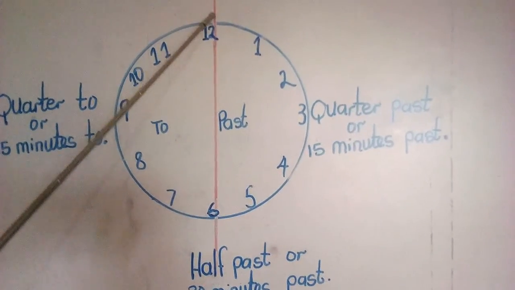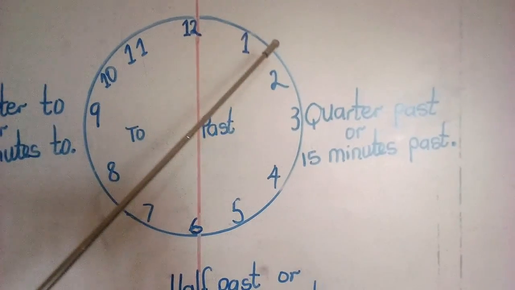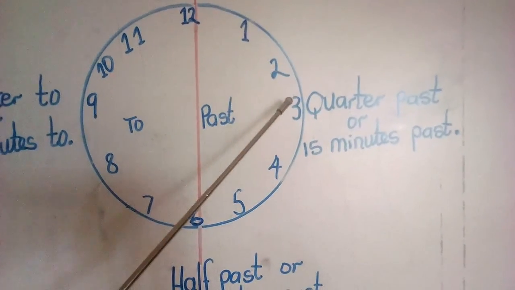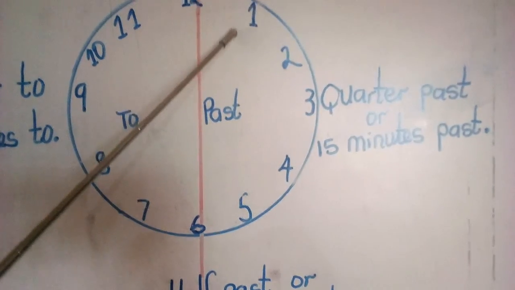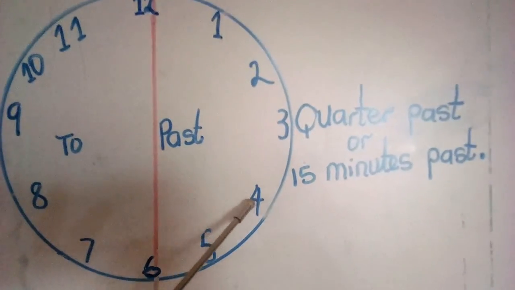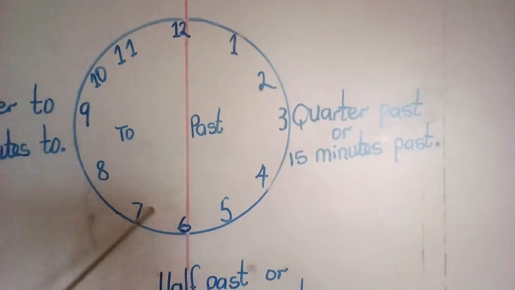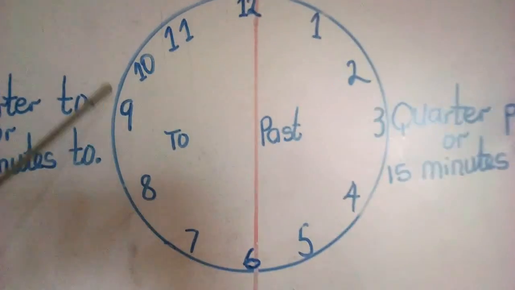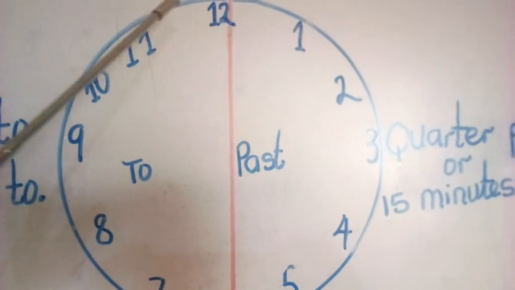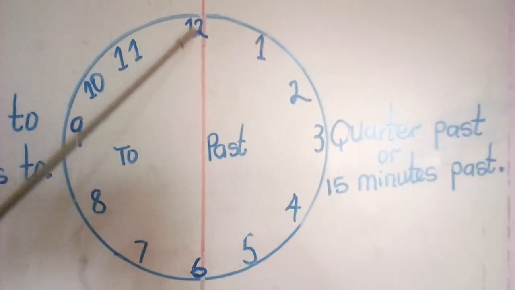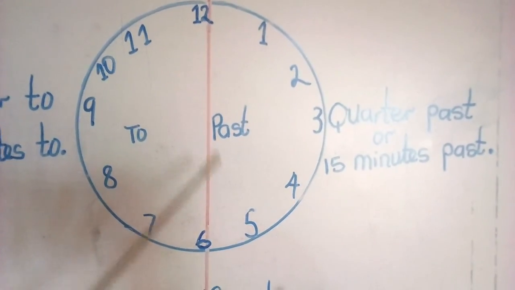And in between them are numbers 1, 2, 3, 4, 5, 6. And from 6 we have 7, 8, 9, 10, 11, and it stops at 12. And it's divided into 2 equal parts.